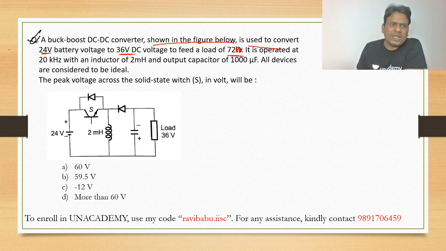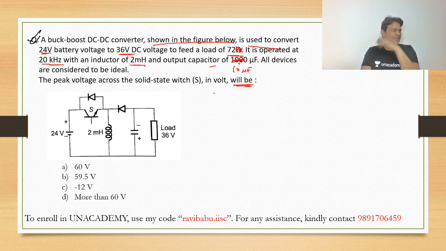It is operated at 20 kilohertz with an inductor of 2 millihenry and output capacitor. It is not 1000 microfarad, it is 10 microfarad. Please mind it. All devices are considered to be ideal. The peak voltage across the solid state device will be in volts.